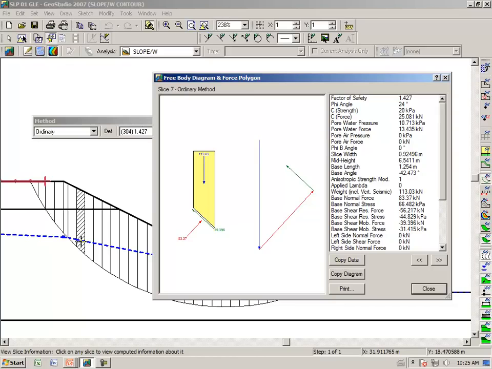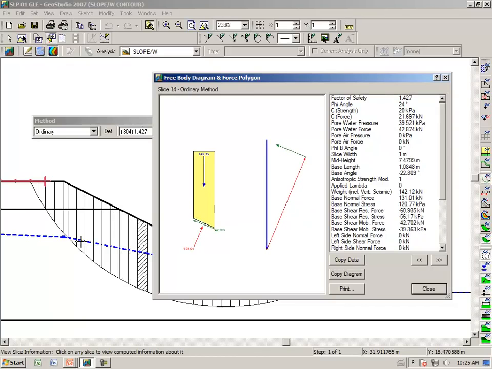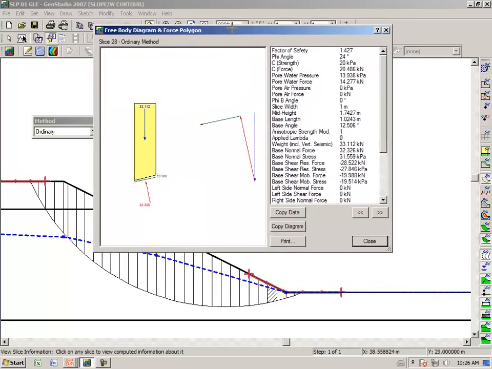And it gets worse as we go all the way to the point where the base of the slice is horizontal, and once we go past the point where we go to the passive end of the sliding mass, we see that the force polygon closure gets worse and worse. And this is why the method is never used in practice. We keep it here in SLOPEW for illustrative purposes, but it is not used in practice.